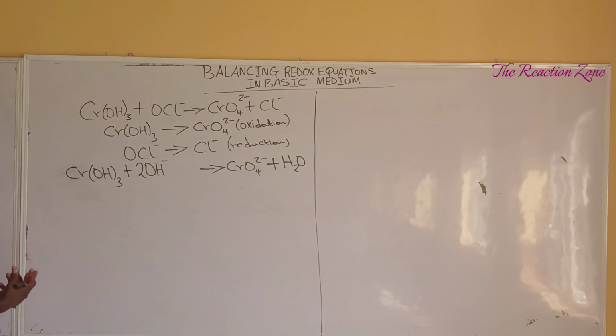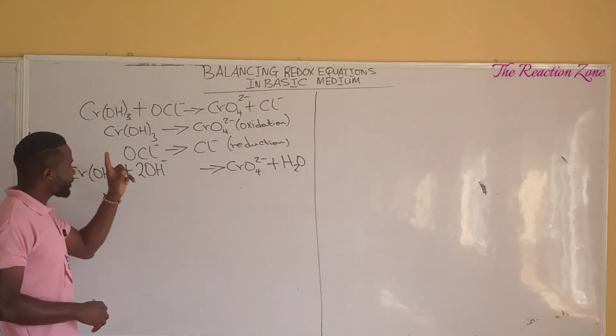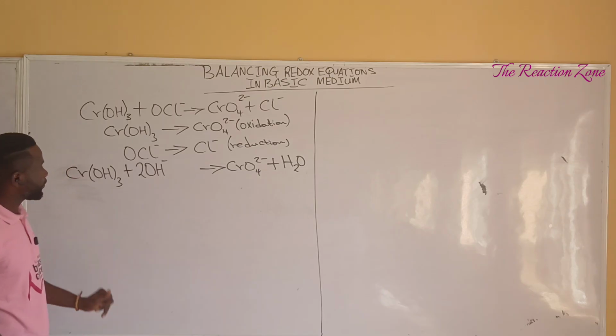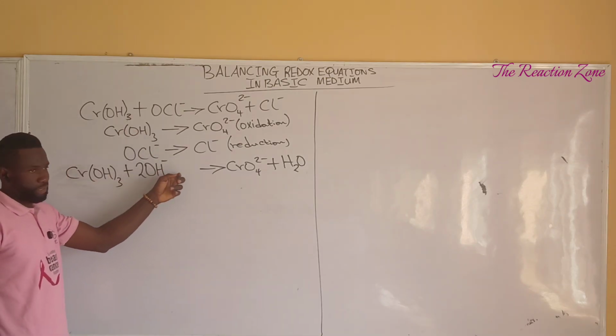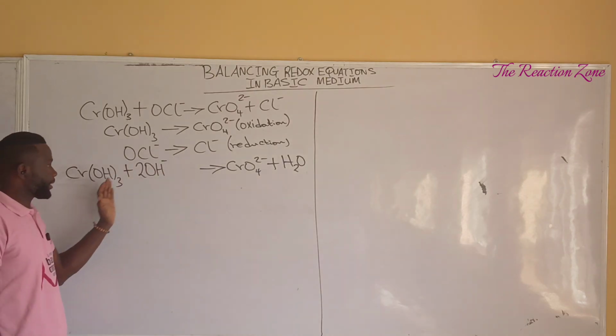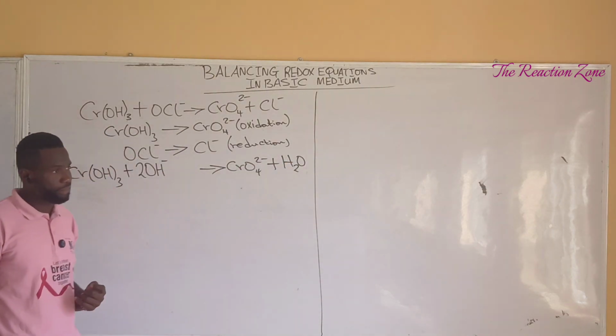However, we can see that hydrogen now is not yet balanced. So the next thing to do is for an excess of 1, you add 1 OH minus to the side that has excess and add 1 molecule of water to the other side.